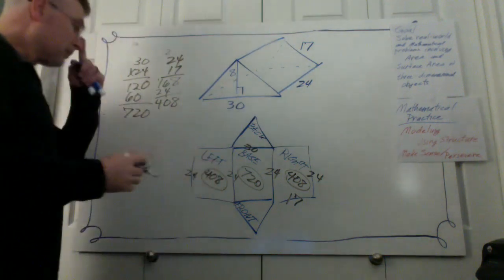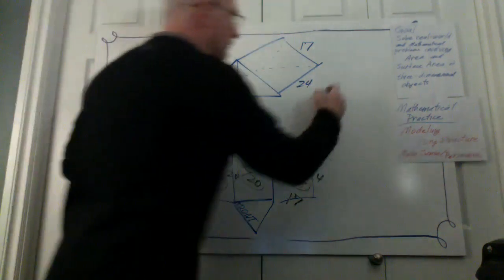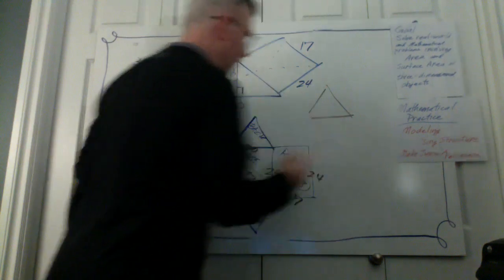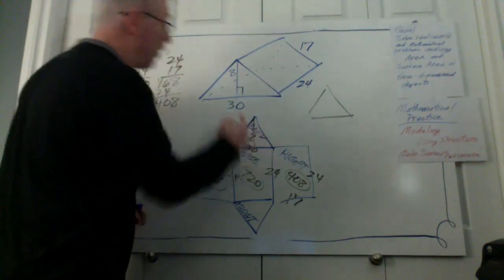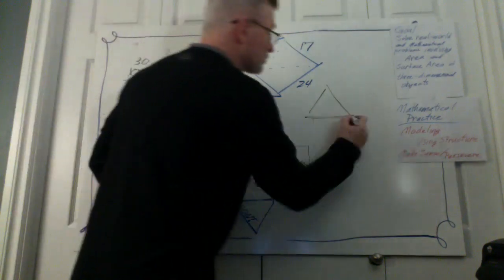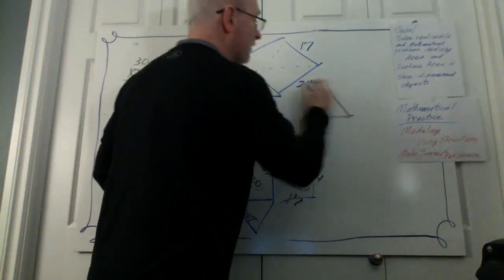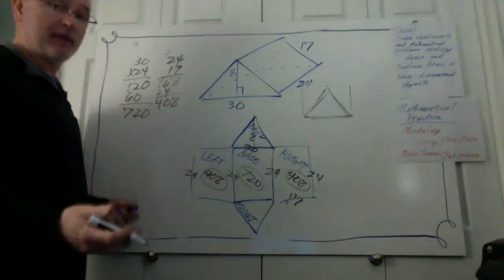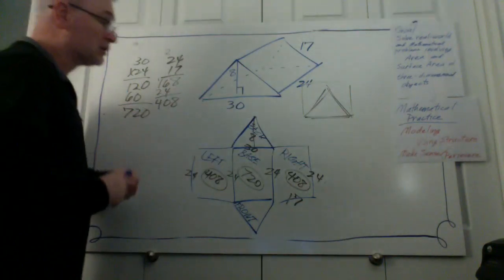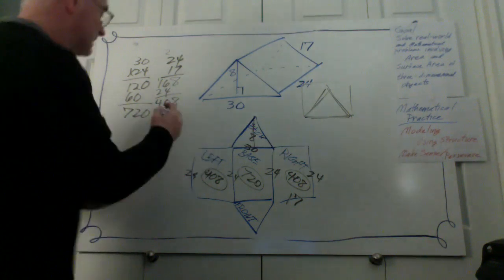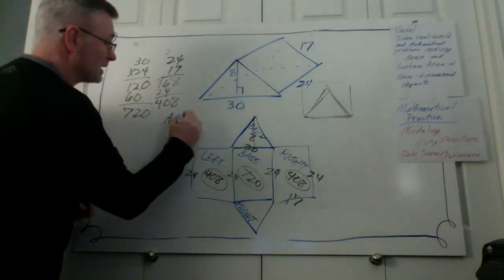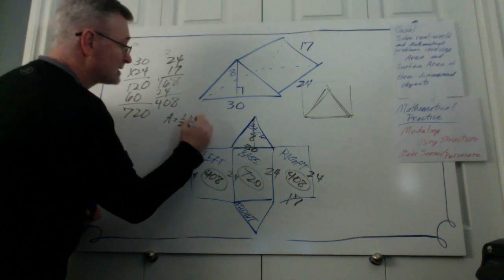Now, for my triangle, I'm going to draw a different triangle over here just so we don't have it on top of that one. Now this is 30 and this is 8 tall. Every triangle is half of the rectangle that would have been there. So all we have to do is use our formula for the area of a triangle, which is 1/2 the base times the height.